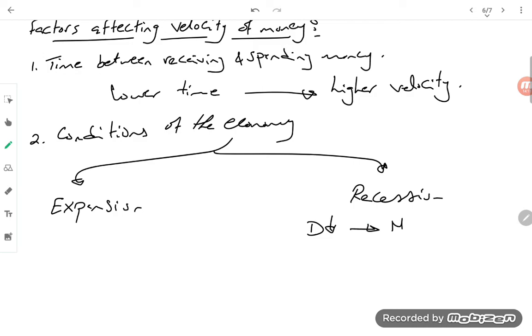So money in circulation is going to decrease as well, and velocity of money is going to decrease. And the opposite in case of expansion. In case of expansion, demand is going to increase, money in circulation will increase, and the velocity of money is going to increase.